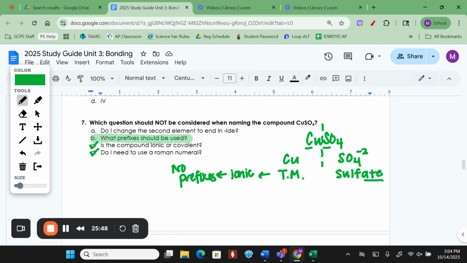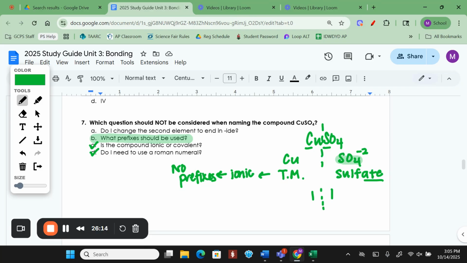Now, the next thing I notice, how many Cus are in here? 1. How many SO4s are in here? 1. Yes, there are 4 atoms of oxygen, but that's not what I'm asking. I'm asking how many groups of SO4 are in there, and there's only 1. When you look this up on the periodic table, that is how it looks as one thing.